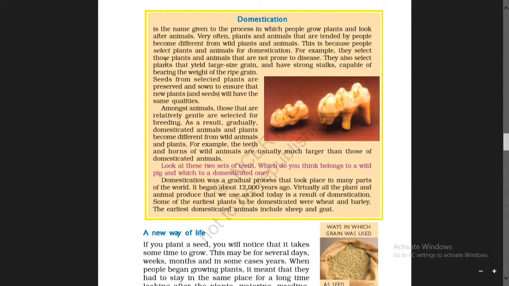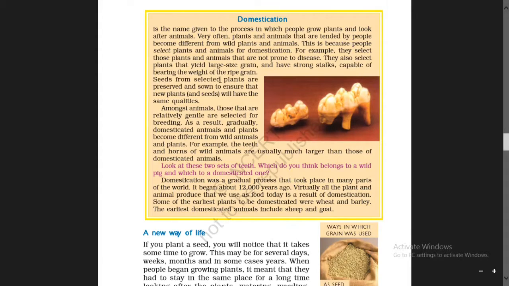They also select plants that yield large size grain and have strong stalks capable of bearing the weight of the ripe grain. They select plants which give large, good quality grain, and have strong stalks and branches. Capable means able of bearing, holding the weight of the ripe grain.